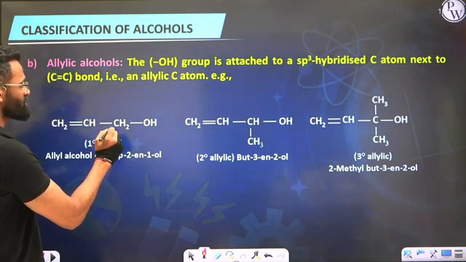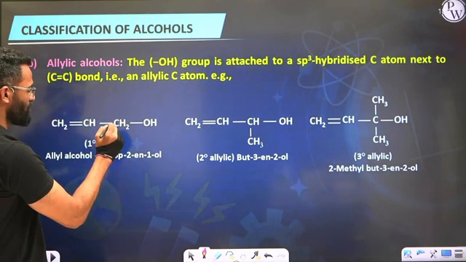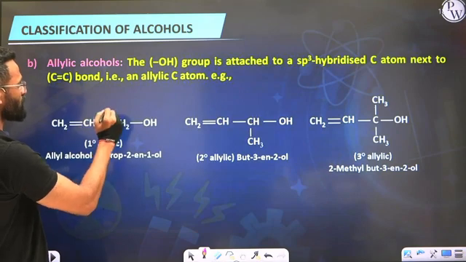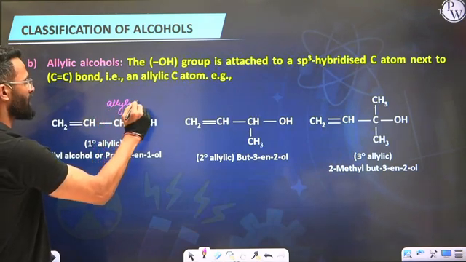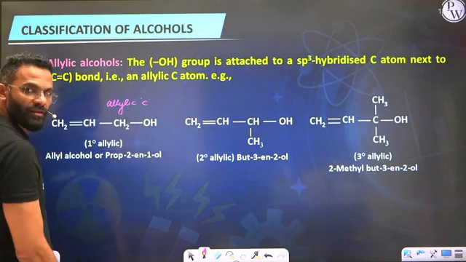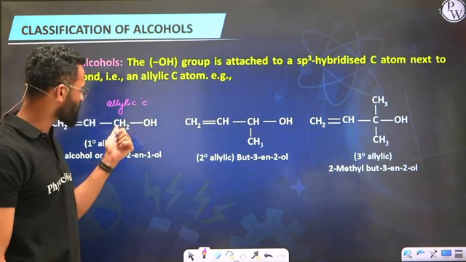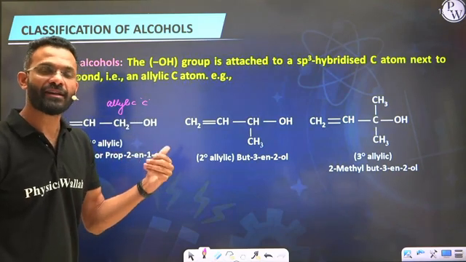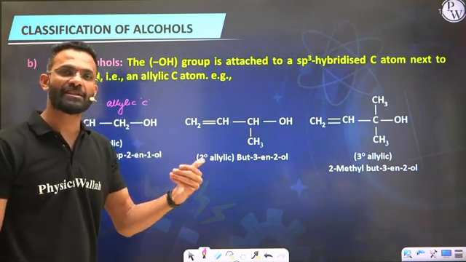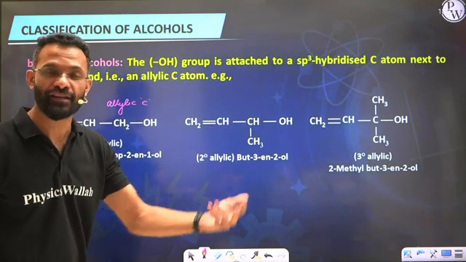Such an sp3 hybridized carbon which is connected to an sp2 hybridized carbon is what we refer to as an allylic carbon atom. So when the functional group OH is connected to an allylic carbon, you call it allyl alcohol. Further, such allyl alcohol can be classified into primary, secondary and tertiary allyl alcohol.